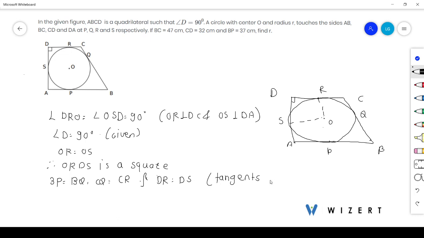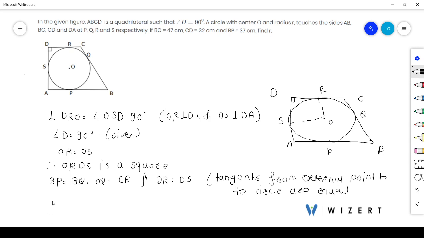Tangents from an external point to the circle are equal in length.